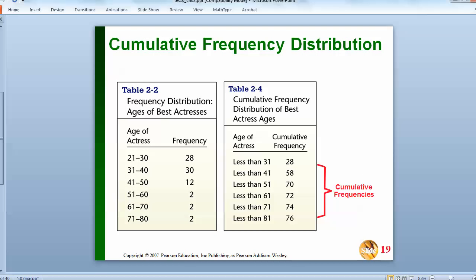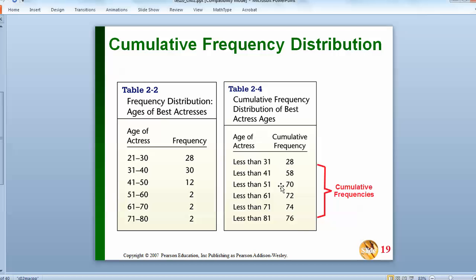Then we have the cumulative frequency distribution, which was another way to look at the data as it progressed over the total number of intervals that we have separated. What that did was we'd take the values for the frequencies and accumulate the size of the frequency as we developed the table.